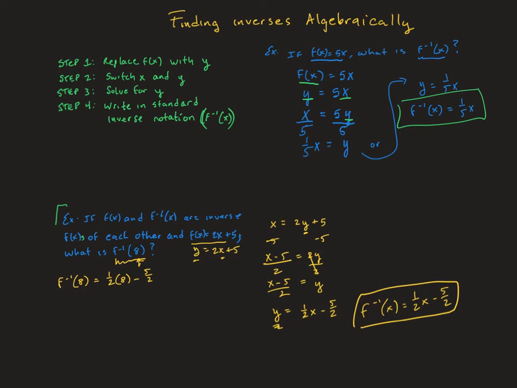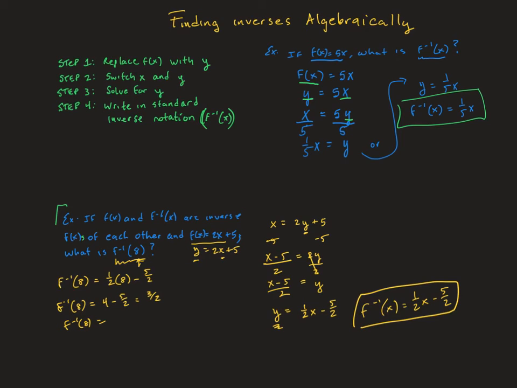That's function notation. I just substituted in 8 for where I had an x. So the inverse function of 8 is going to be equal to 4 minus 5/2, which is going to be equal to 3/2.